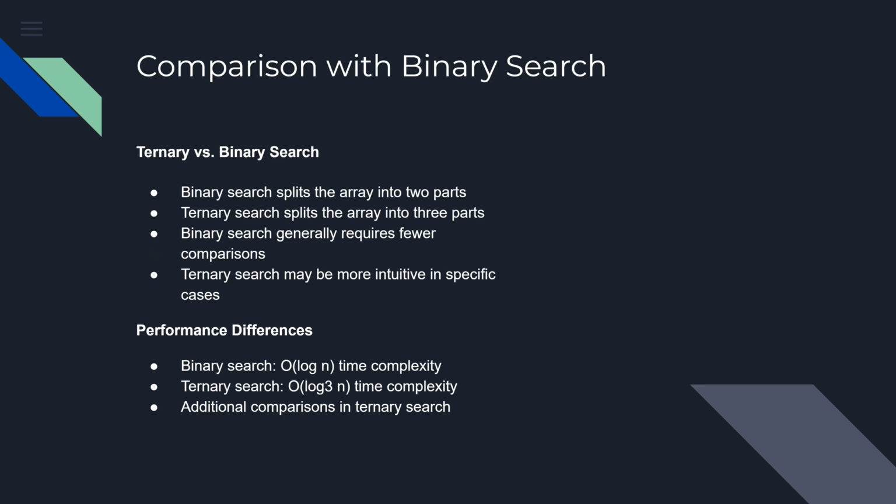And in contrast, ternary search splits the array into three parts with time complexity of big O log base 3 of n. Although ternary search involves more comparisons, it can be beneficial in specific scenarios. Understanding these differences helps us choose the right algorithm for the task at hand.